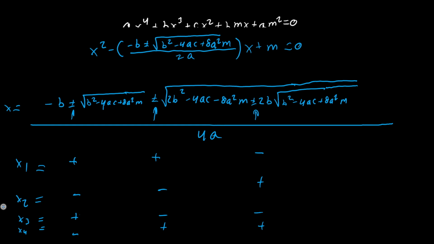And the same thing happens for the third solution, which is just minus b plus this expression minus the entire square root expression and minus 2b. And then the fourth solution is just negative b minus the square root expression plus the square root expression plus 2b and the square root expression. And that's the general solution to a quasi-symmetric quartic.